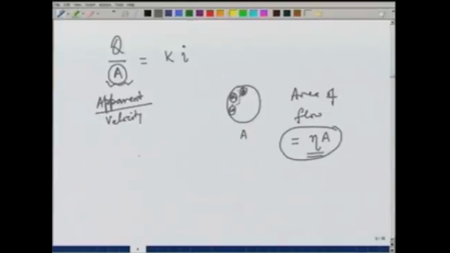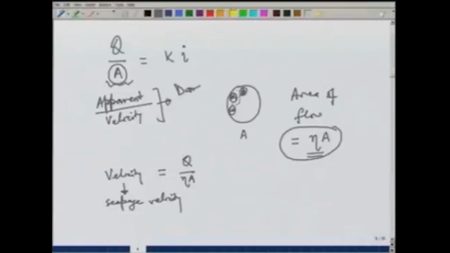So, the real velocity, which sometimes is also called seepage velocity, will not be equal to Q over A, but will be equal to Q over eta A. Generally, the term apparent velocity is used, but sometimes we also call it Darcy velocity, and denoted by small q.